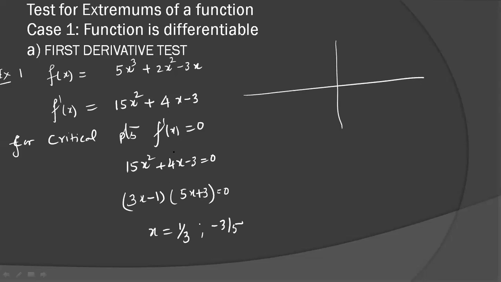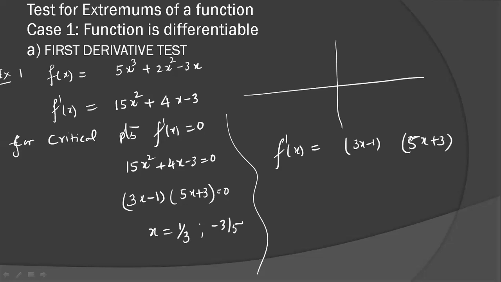And you can see that if you write f dash x equals 3x minus 1 into 5x plus 3, for seeing the nature of maxima and minima, you can see that the coefficients of the variable are positive. 5 and 3 both are positive here. So 1 by 3 is the position here and minus 3 by 5 is the position here.